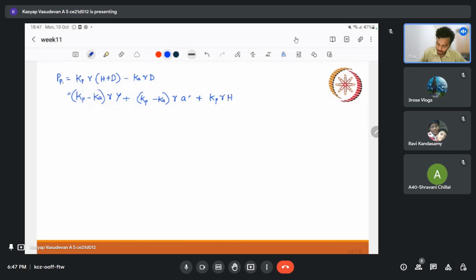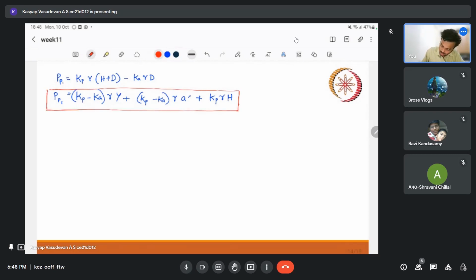If you split df, that is our embedment depth, into capital Y and a dash, we can arrive at this. Geometrically also you can prove this. It's already shown in the video, so I'm not spending time on that.